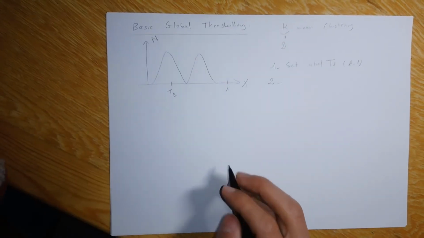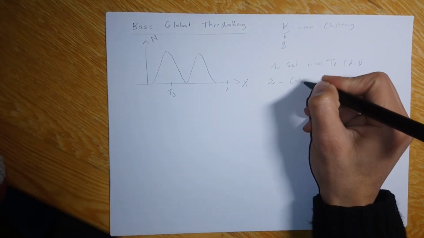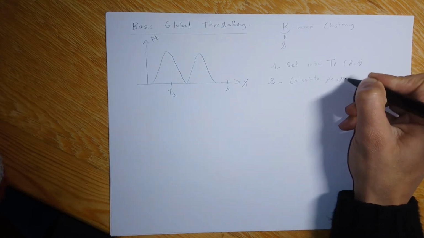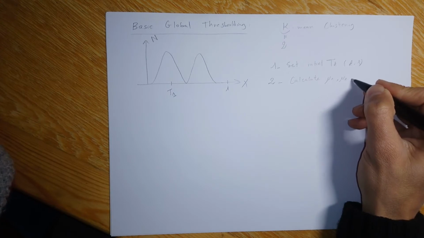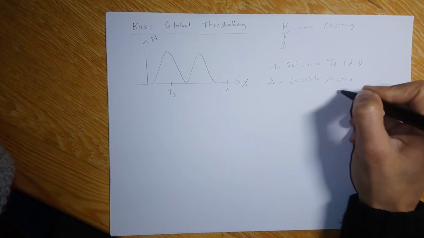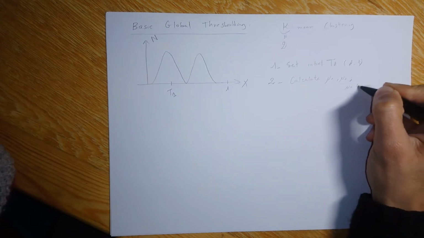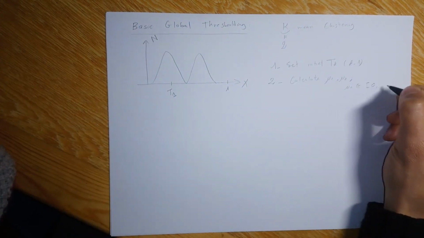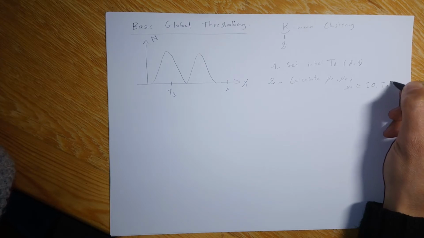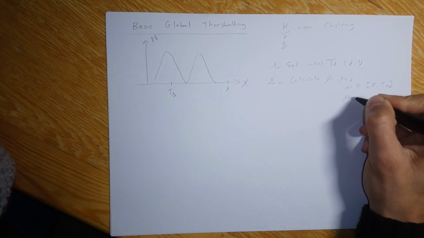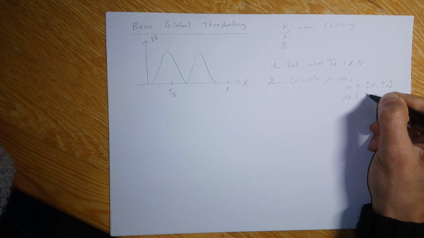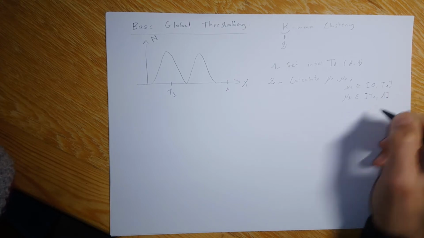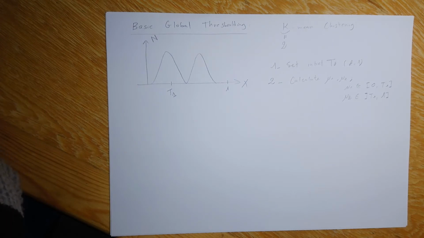So calculate mu1 and mu2 such that mu1, the mean of the first interval, belongs to the interval 0 to t1, and the second mean belongs to the interval t1 to 1.